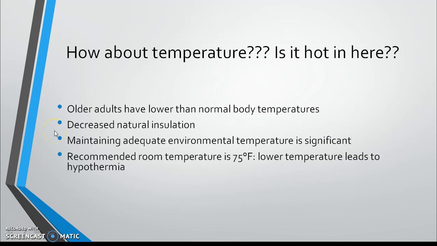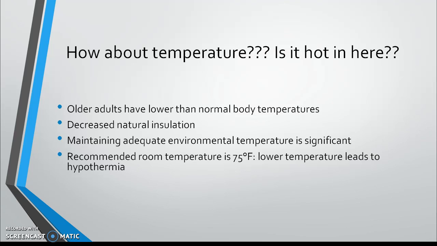As we look at this slide, I want to point out something very important: with the decrease in natural insulation, the older adult is sensitive to lower temperatures. Lower temperatures meaning possible hypothermia. We definitely don't want that to happen with our patients.